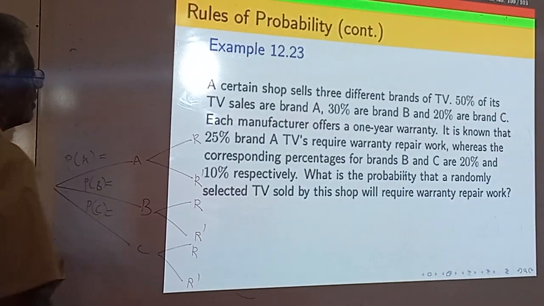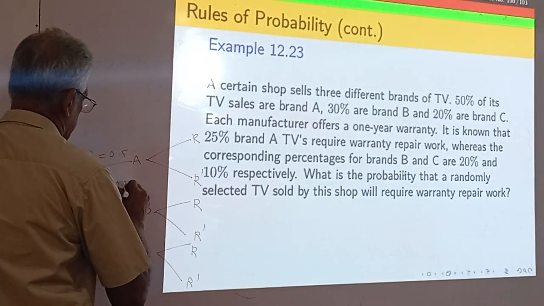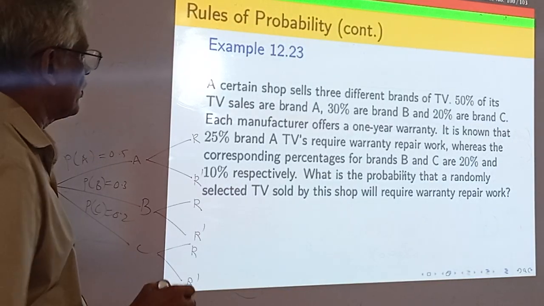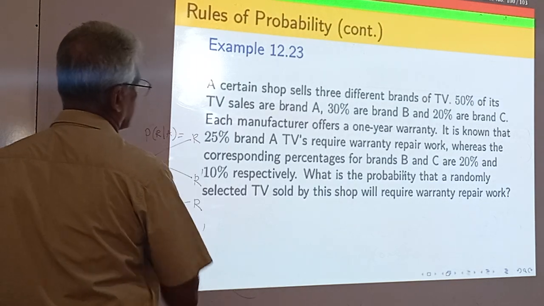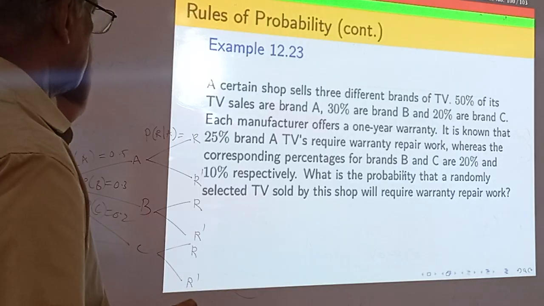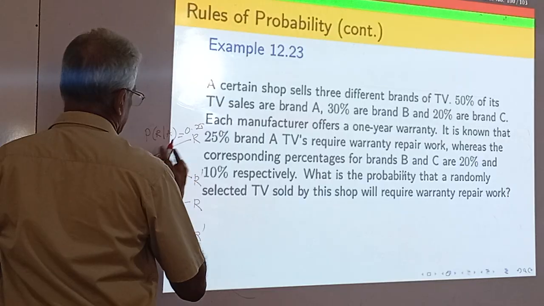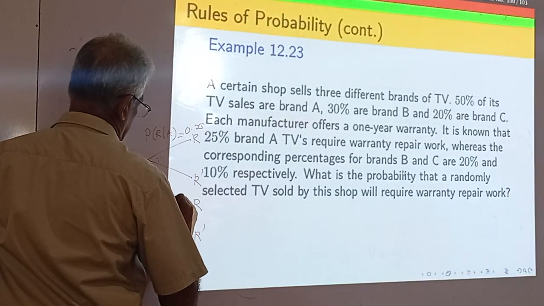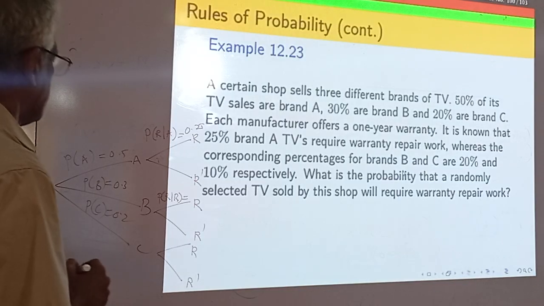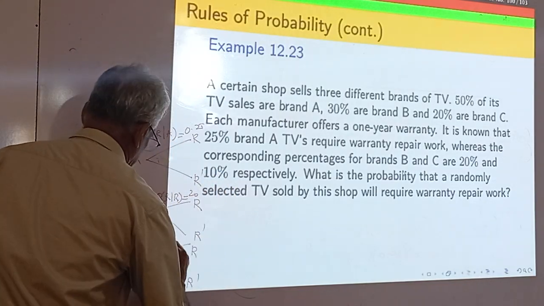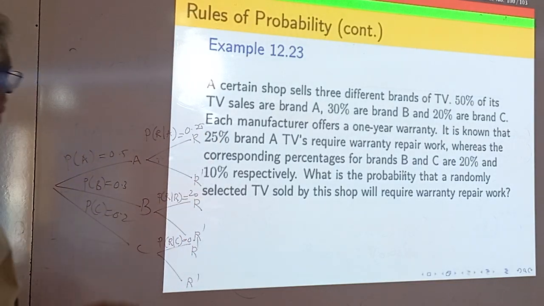These are given here: 0.5, 0.3 and 0.2, and then conditional probabilities are also given. Probability of R given A is equal to 0.25. Probability of R given B is 0.20. Probability of R given C is 0.1, therefore you can find out these ones.